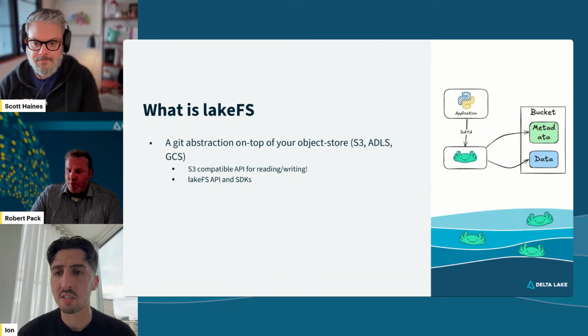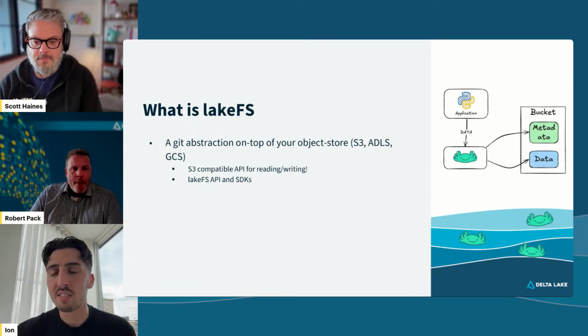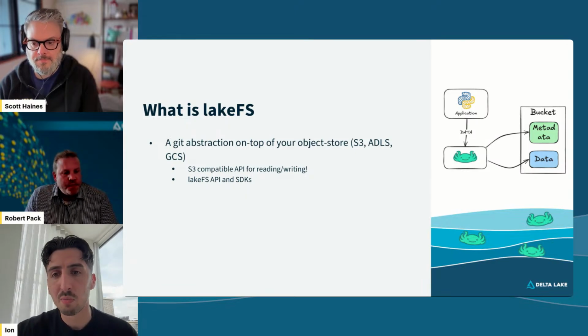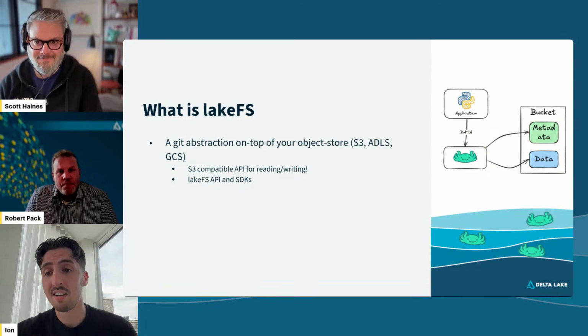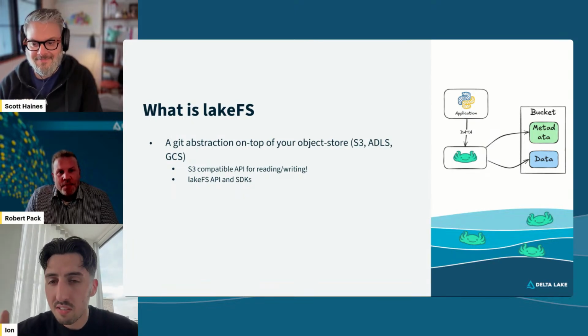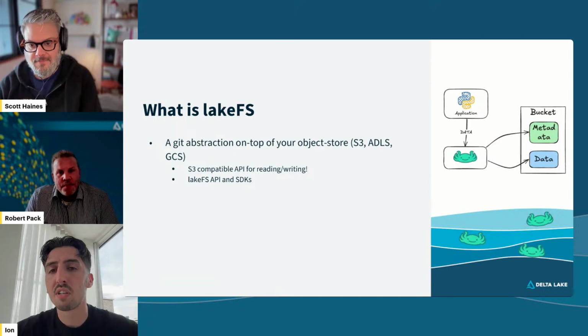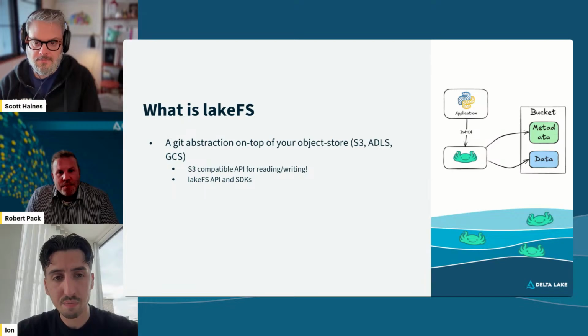So you can create branches, you can commit data, you can revert, rollback, you can even cherry pick commits. You can even do tags, so you can snapshot your whole lakehouse data lake with a tag. Almost all of the Git semantics you can think of, you can do with LakeFS, but then with your object storage or data lake.